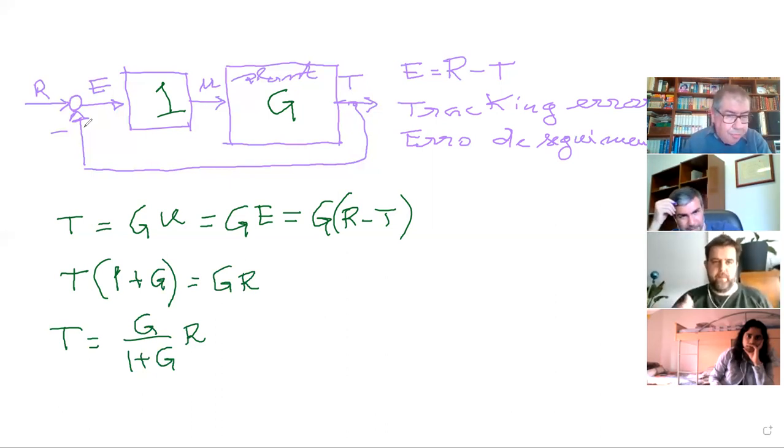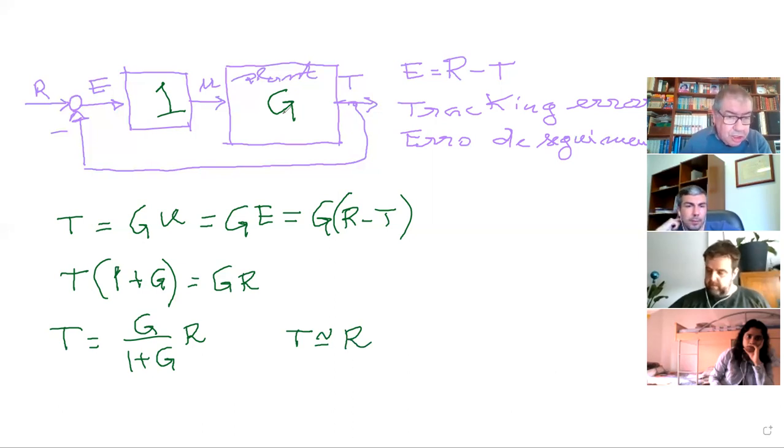Conditions for T to be close to R. G is a number that describes the plant, okay? So we can't change it.